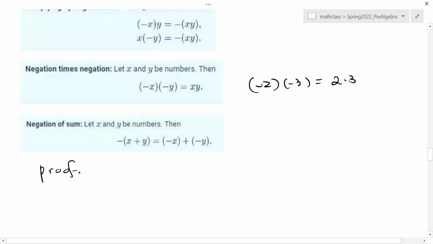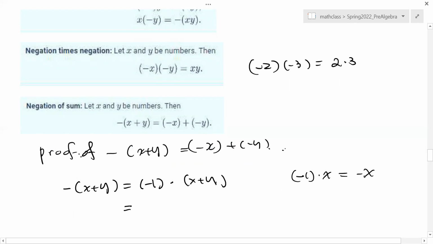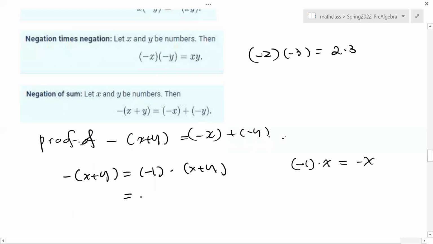Let me mention the above one. Let's give a proof. Trust me, this is always true. Proof of this: how do you prove that? Step 1, according to the above computation, this is -1 times (x plus y). That's the first step. Step 2, I use the property -1 times x equals -x. I multiply this out: -1 times x plus -1 times y.